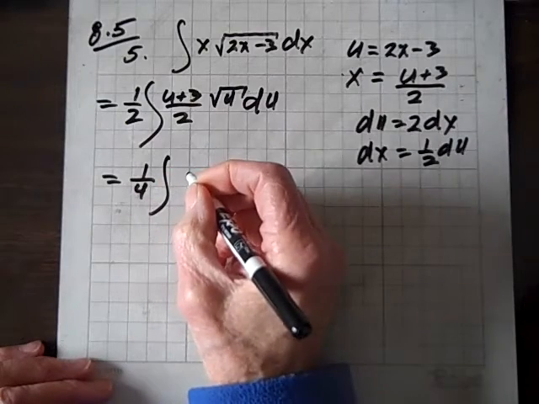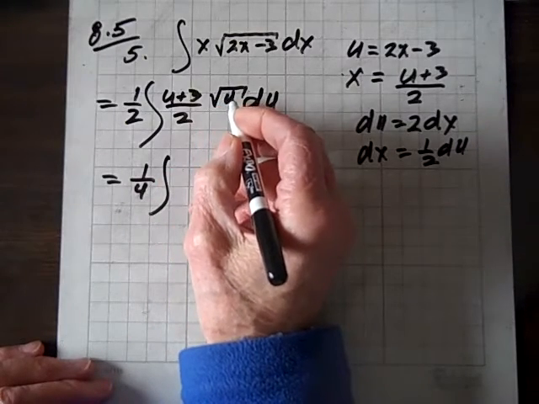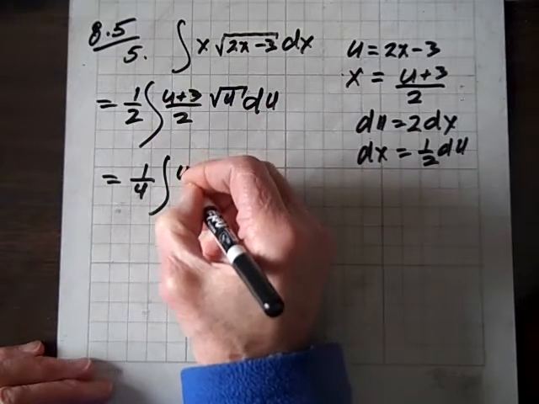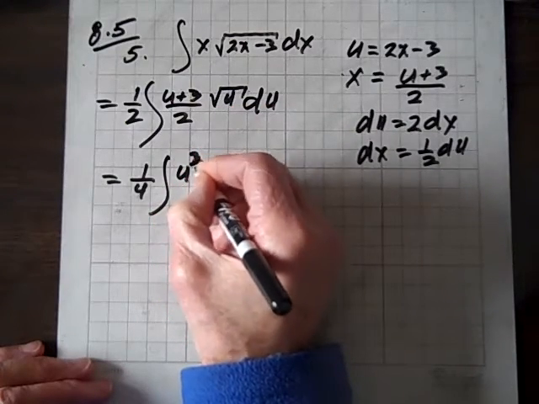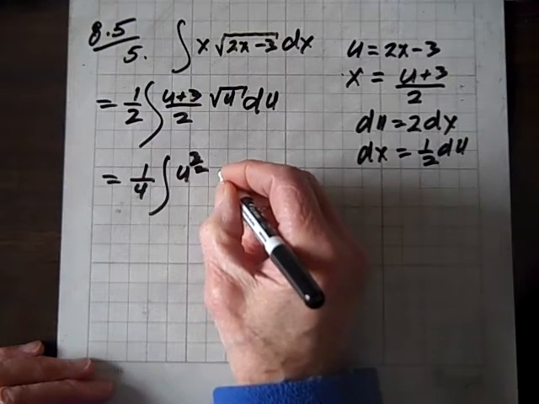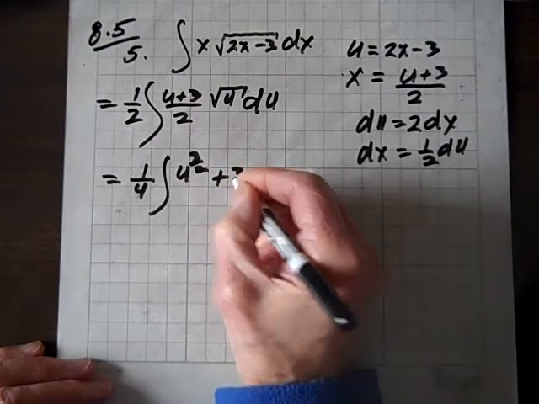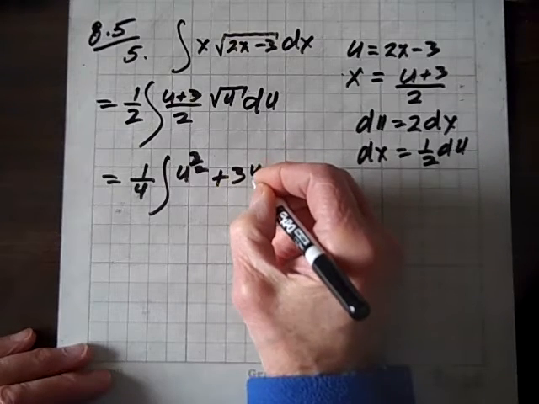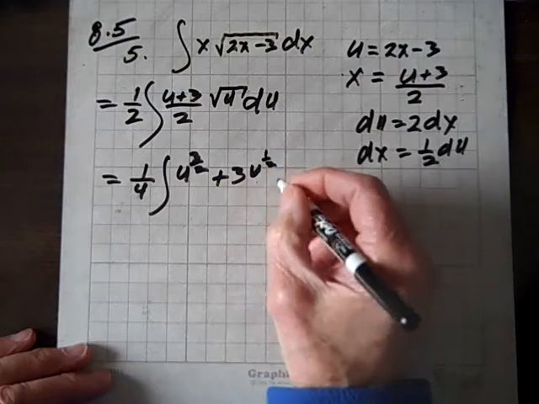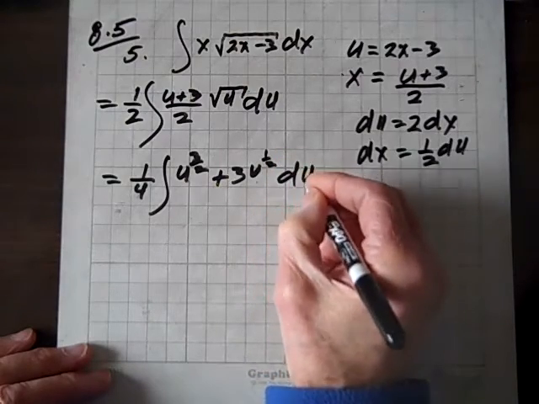And we've got the integral, and then we'll multiply each term by u to the 1/2, so that's going to be u to the 3/2 times, plus 3 u to the 1/2 du.